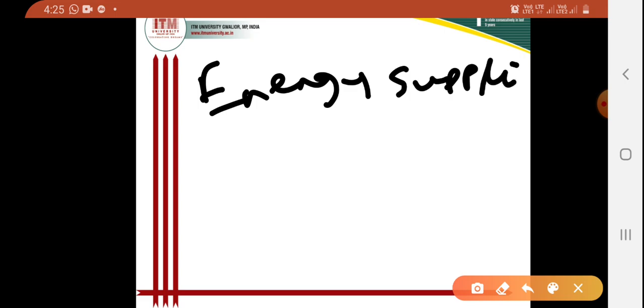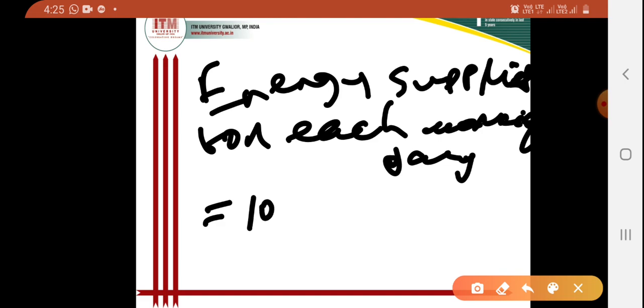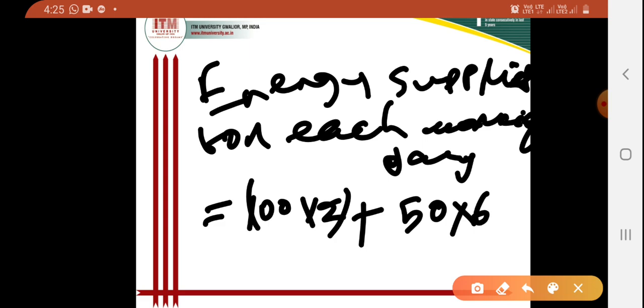Energy supplied for each working day, we have to calculate first. Energy supplied for each working day can be written as 100 megawatt for 2 hours, so 100 into 2 as per the question, plus the rest, 50 megawatt for 6 hours, 50 into 6.